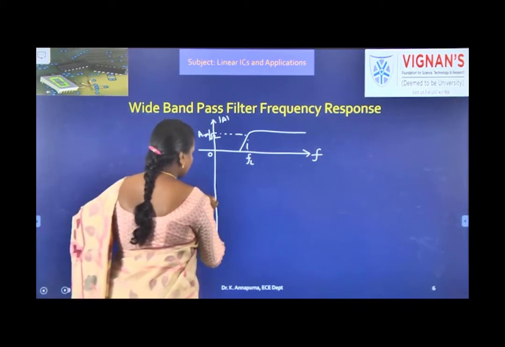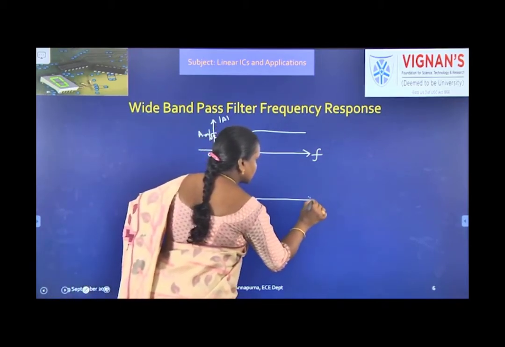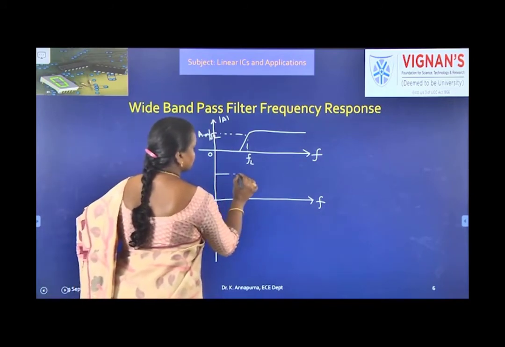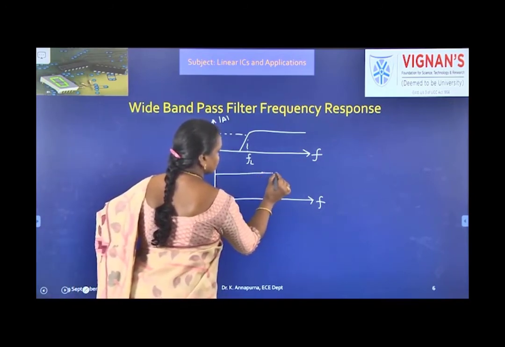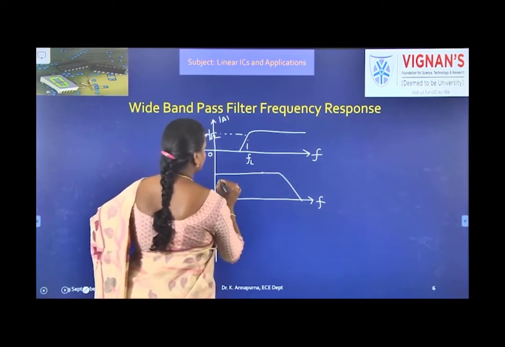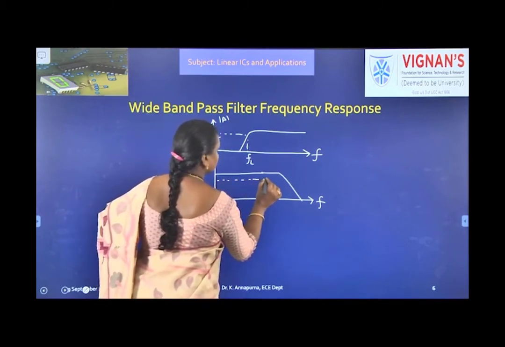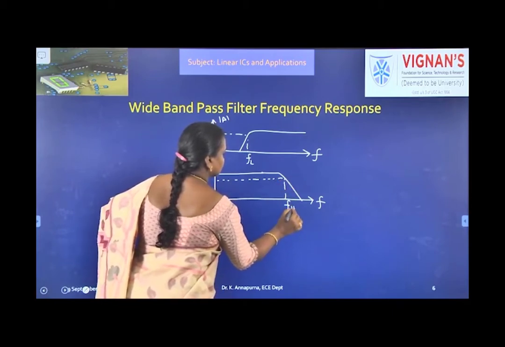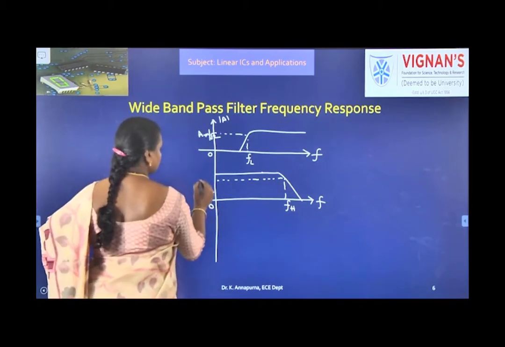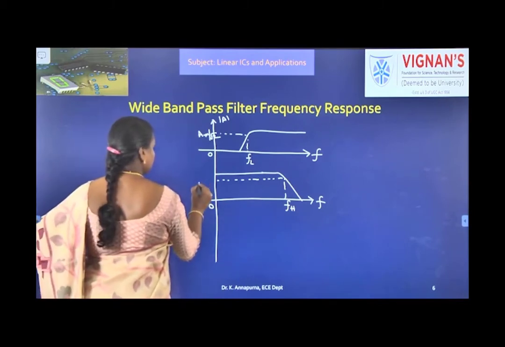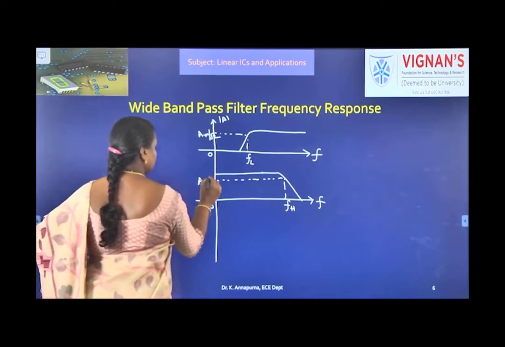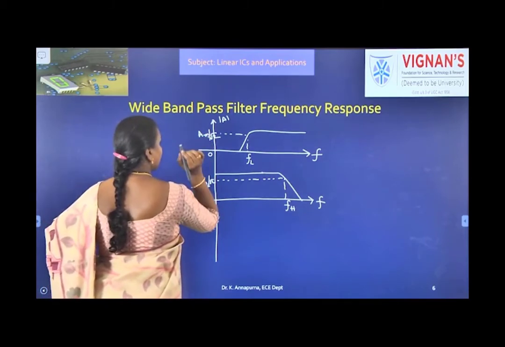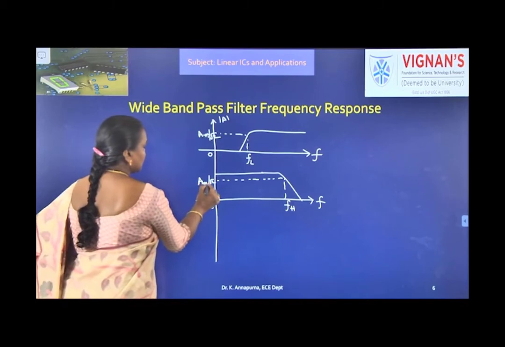And next let us consider the low pass filter response. So let it be AM1 by root 2 and this is AM2 by root 2.